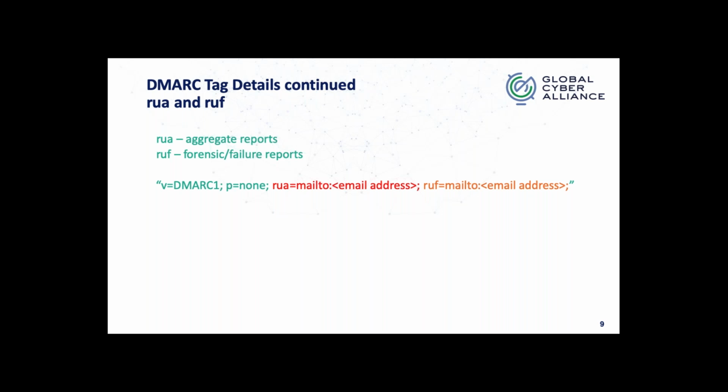Now, a few slides back, we said that RUA is required and RUF is recommended. Technically, by DMARC standards, you do not have to have either one of these. It's not actually required. People just recommend it. From the GCA standpoint, we're saying at minimum RUA should be required. The reason is that if you just go with a DMARC policy of none, so V equals DMARC 1 semicolon P equals none, you've done nothing.